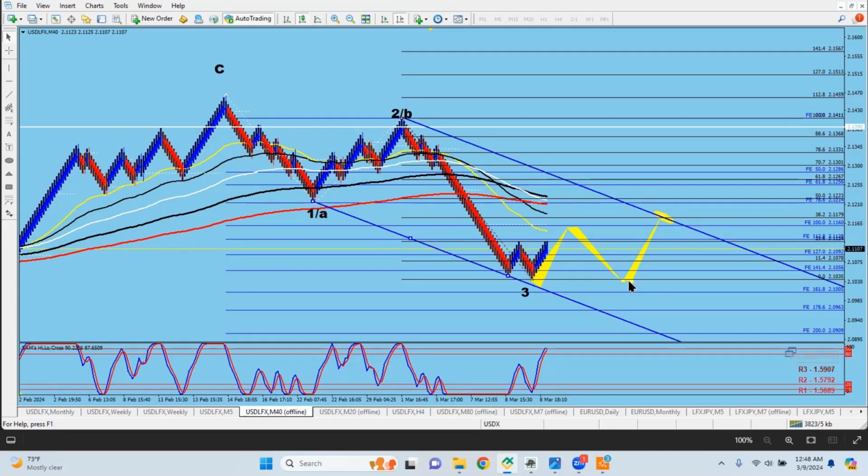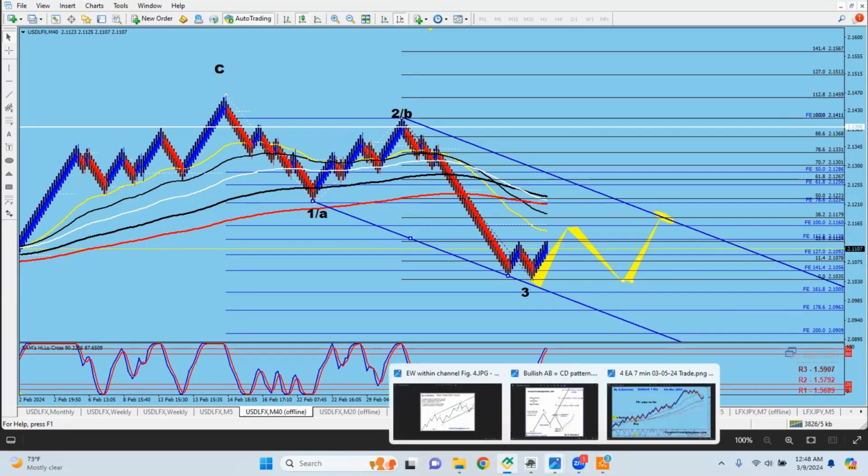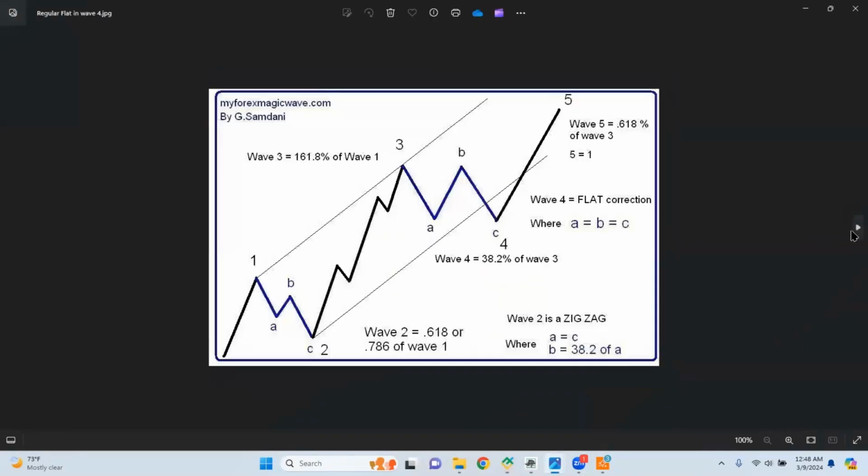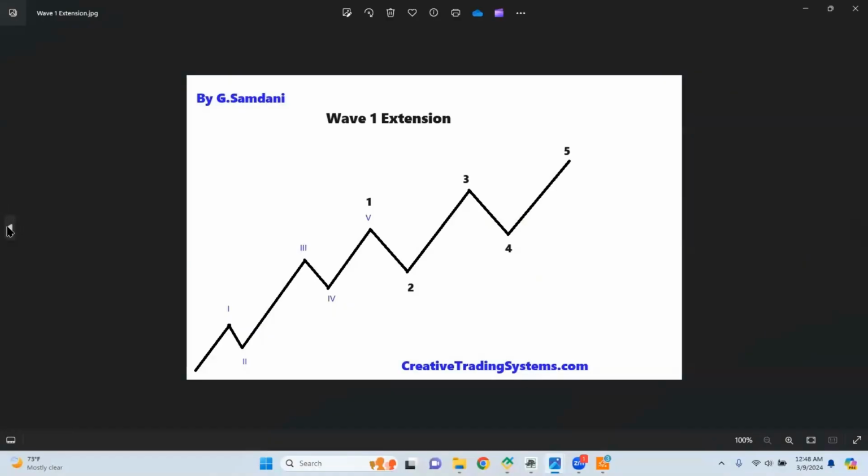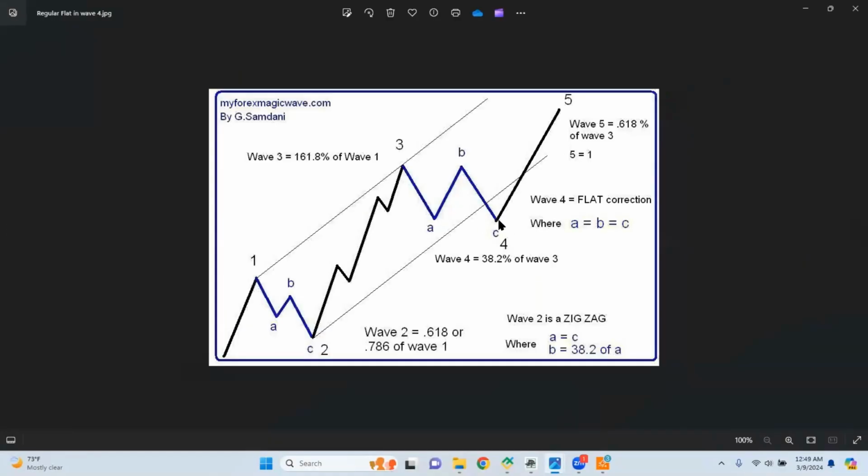Whatever direction you catch, it reverses on you. But this is what happened. This is the characteristic of wave 4 to the downside. What I just showed you happened to the upside. The downside is just the opposite. So this is how wave 4 is A, B, C most of the time.